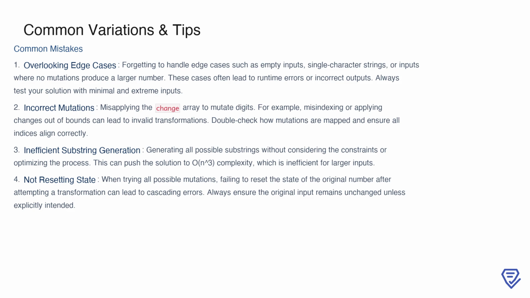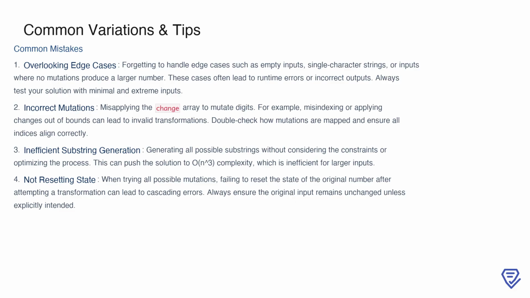Inefficient substring generation is another pitfall to avoid. If you generate all possible substrings without optimizing, it can result in O(n cubed) complexity, which is impractical for larger inputs. Finally, failing to reset the state of the original number during mutation trials can cause cascading errors.